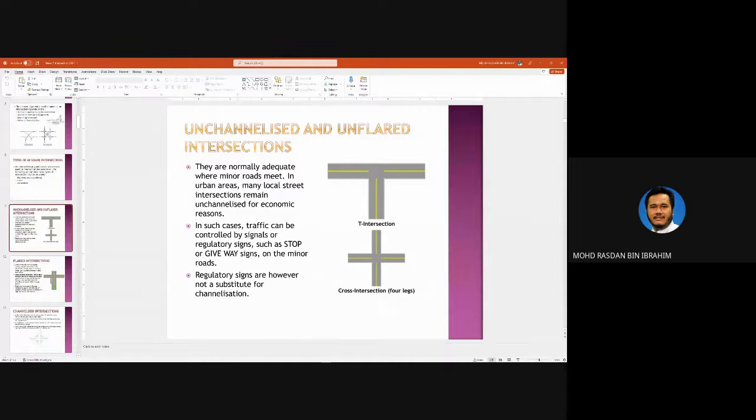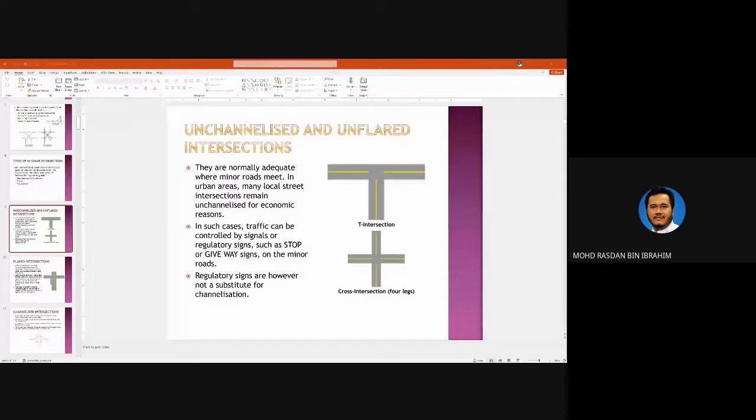Anybody can answer me why the traffic light warrant is important? Why do you need traffic light warrant?